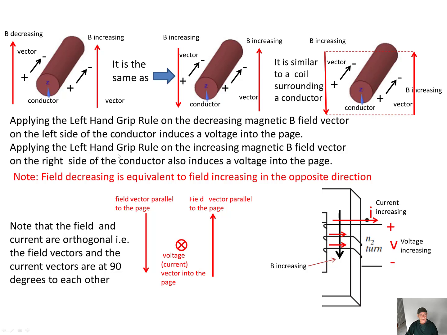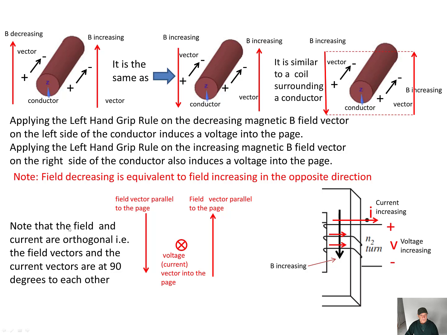Applying the left hand grip rule on the increasing magnetic field vector on the right side of the conductor also induces a voltage into the page. So this is the same as this. So a B field decreasing is equivalent to a B field increasing downwards, which is similar to a coil surrounding a conductor.